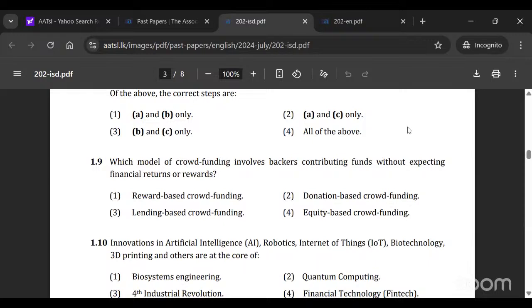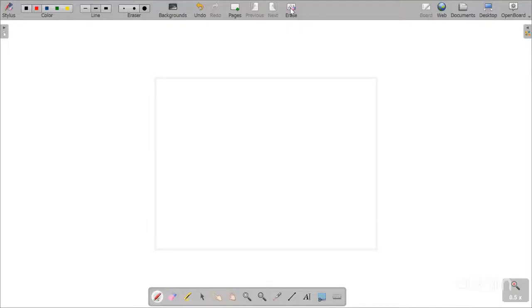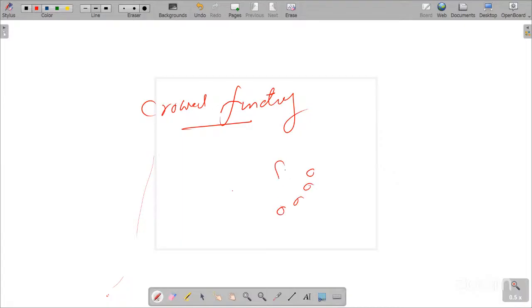Crowdfunding means a large crowd funds the capital requirement. What is happening in this case?